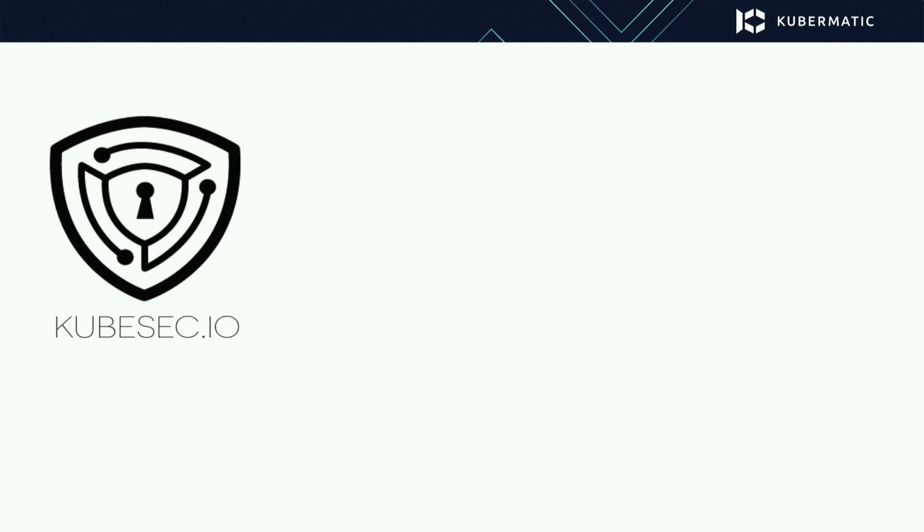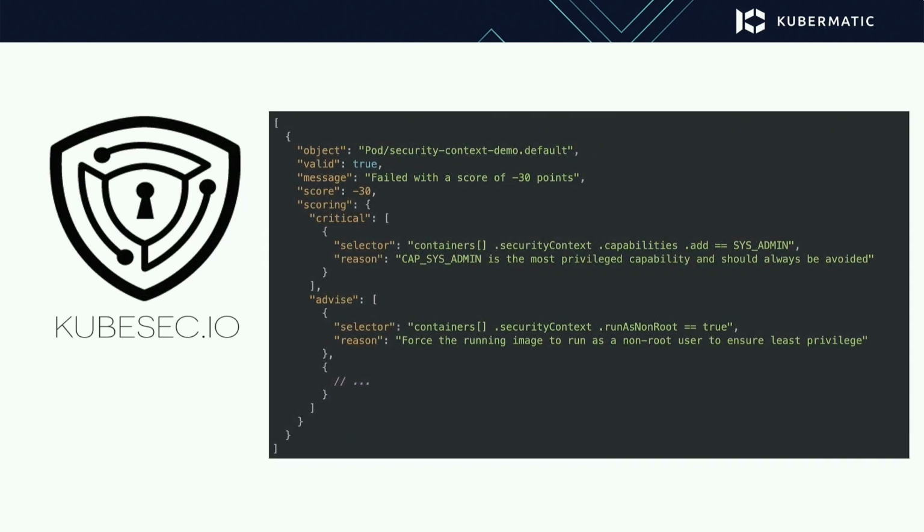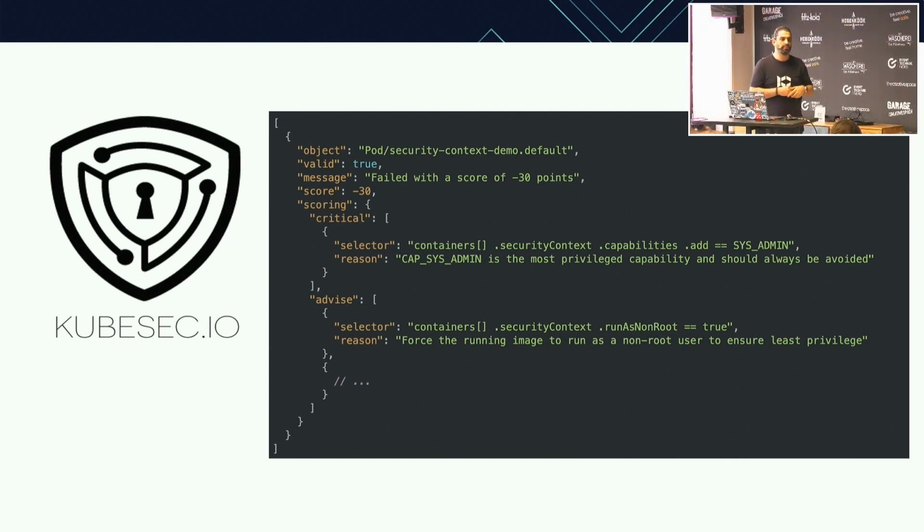There's a project called kubesec, where if you provide your Kubernetes manifest or pod deployment manifest or others, it will give you some information about what is wrong with this configuration. For example, here it says that there is the sysadmin capability in this pod, or it is running as root, etc.